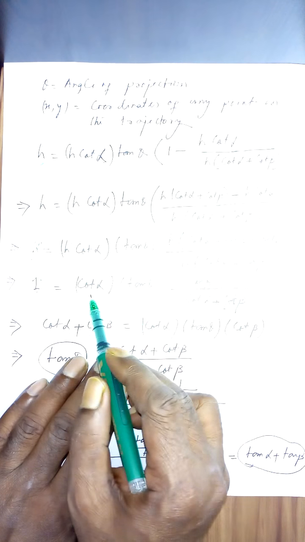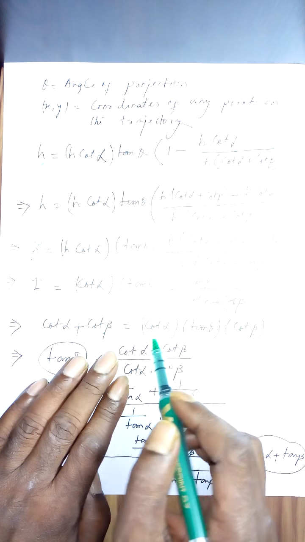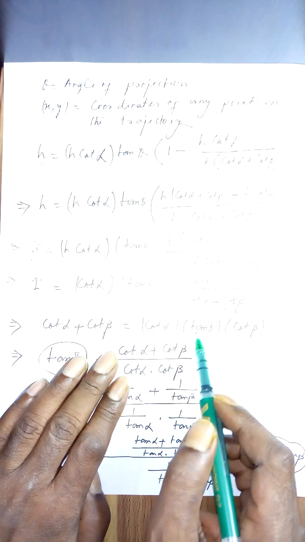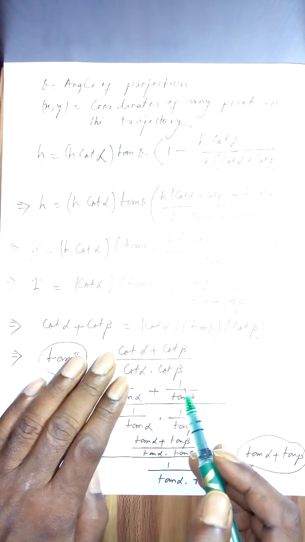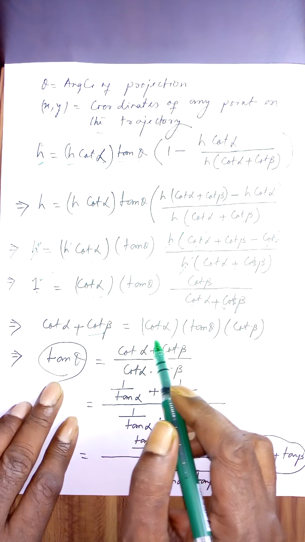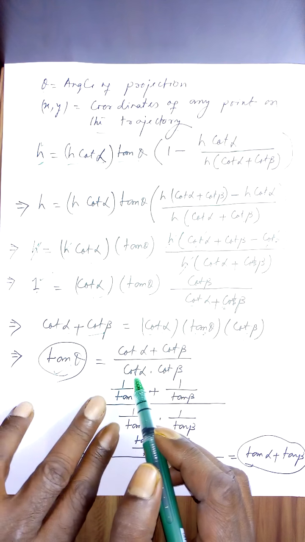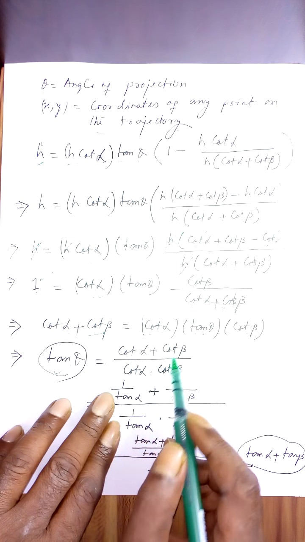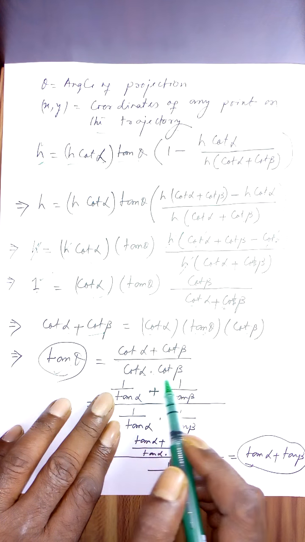On the right hand side, this is on the denominator, this multiplied by 1 becomes cot alpha plus cot beta. On the right hand side I am left with cot alpha, tan theta and cot beta. So this and this I bring to this side, leaving tan theta. So tan theta is equal to cot alpha plus cot beta over cot alpha into cot beta.